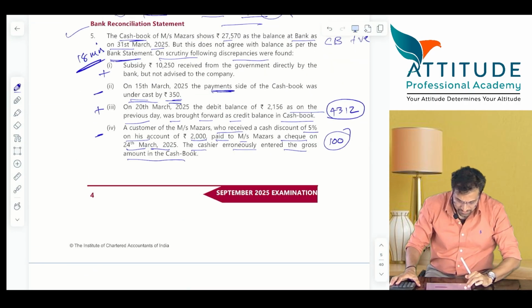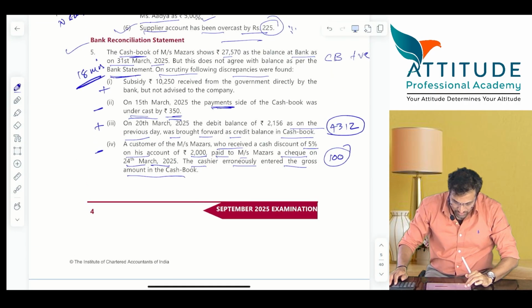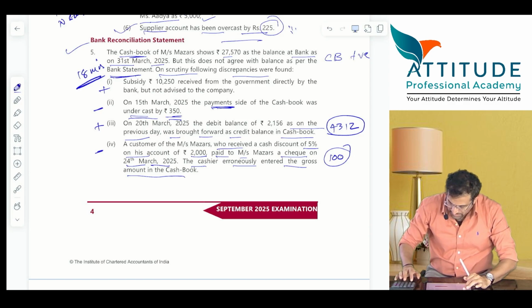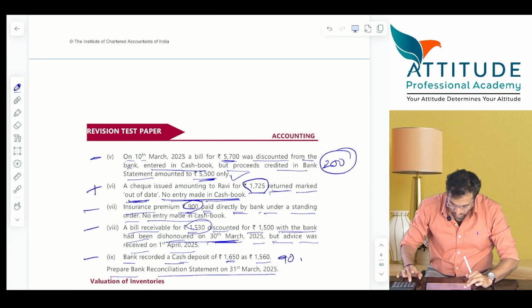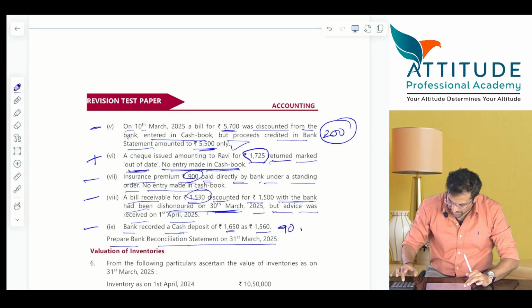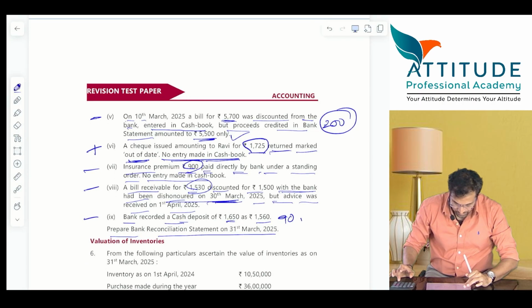Now do the calculations. Take the balance. I'll do it. 27,570 plus 10,250 minus 350 plus 4,312 minus 100 minus 200. बराबर है? Then plus 1725. Then everything is minus now. Minus 900 minus 1530 minus 90.